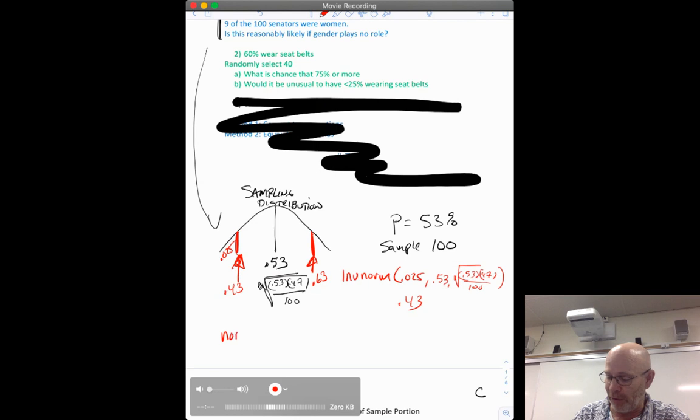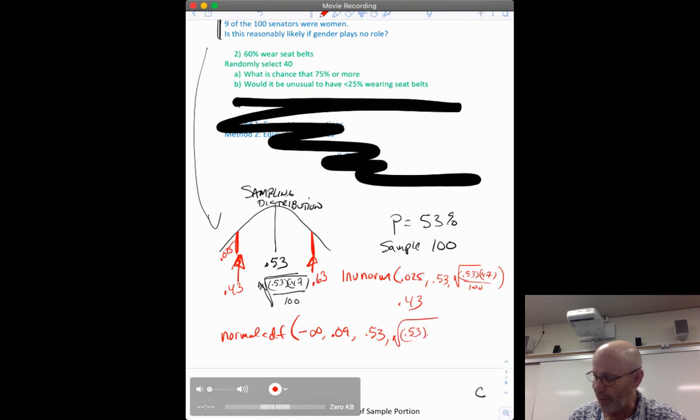And by the way, we could figure out the probability. We just go normal CDF. This is the other way to do it, right? If you don't want to find those cutoffs, if you want to know if it's reasonably likely, just do the normal CDF from negative infinity to 0.09 with a mean of 0.53 and a standard deviation of the square root of 0.53 times 0.47 divided by 100. It's going to be really, really tiny, right? Less than 2.5% is the whole idea.